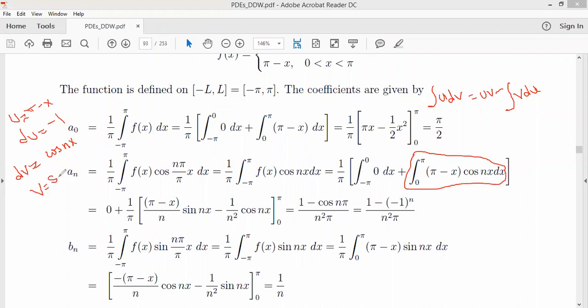So our v is simply 1 over n sine nx. Remember, we have some n: when you differentiate sine nx, it will give you n cos nx, and integrating the cos gives you 1 over n sine nx. I think we have everything we need.